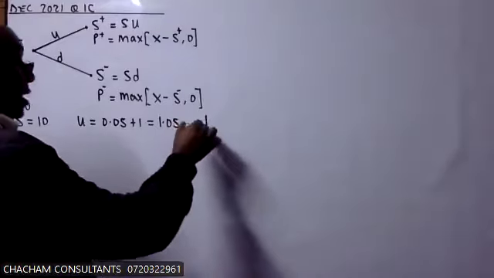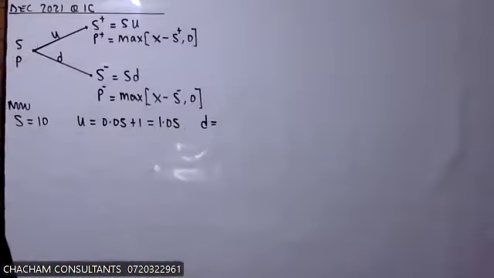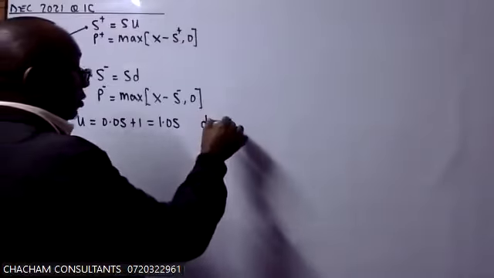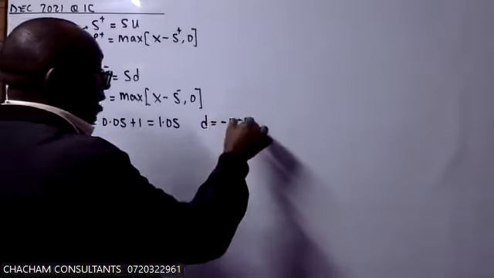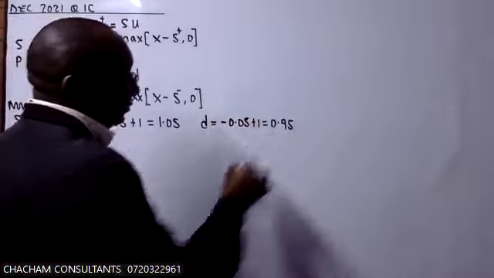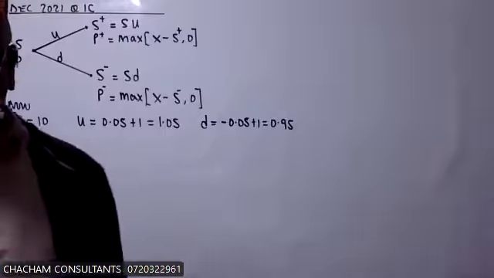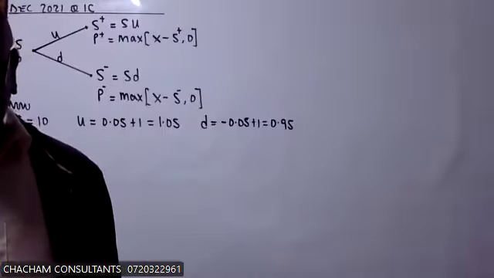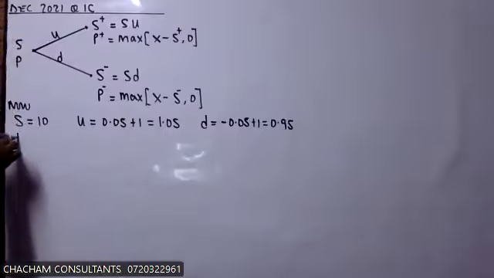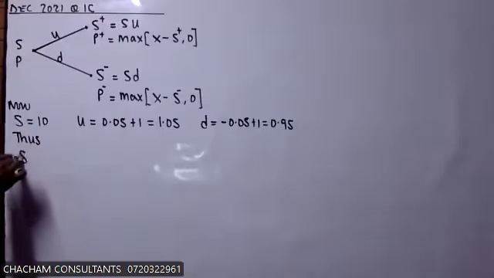And our D, we are told the down movement we can reduce, so 1 minus 0.05 is 0.95. And thus, how do we get S plus?